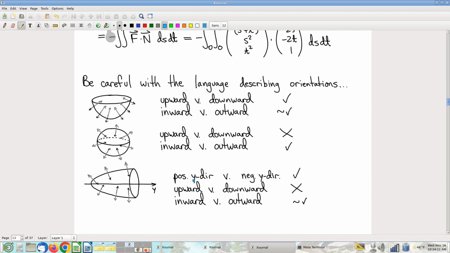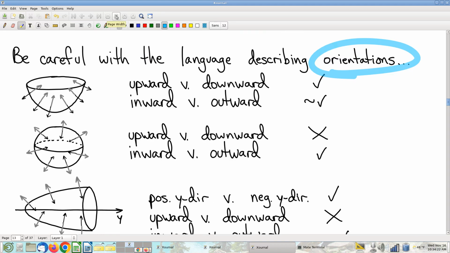Okay, let's talk about the language a little bit. This is awkward. When we talk about an orientation, it's just a hard thing to talk about. If you think about it, an orientation is a whole collection of vectors, most of which are different.